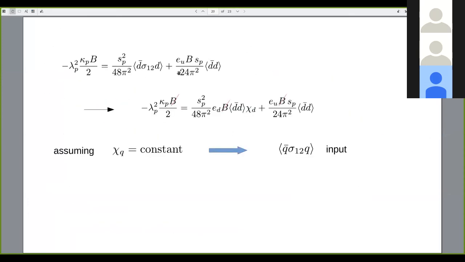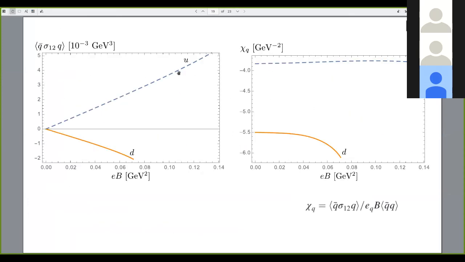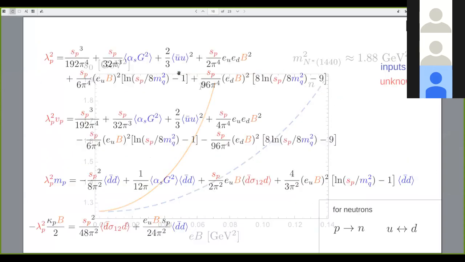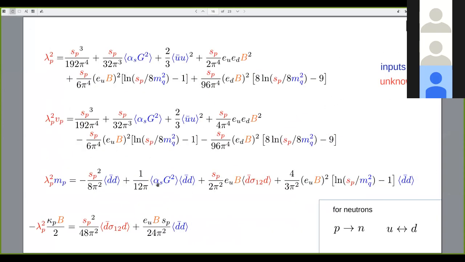I have no time to explain where we get all these inputs. For example, the quark condensate magnetic dependence is from lattice results from the group of Bali et al. But this is mostly studied in many works, and they mostly coincide with lattice. So this is a secure number.